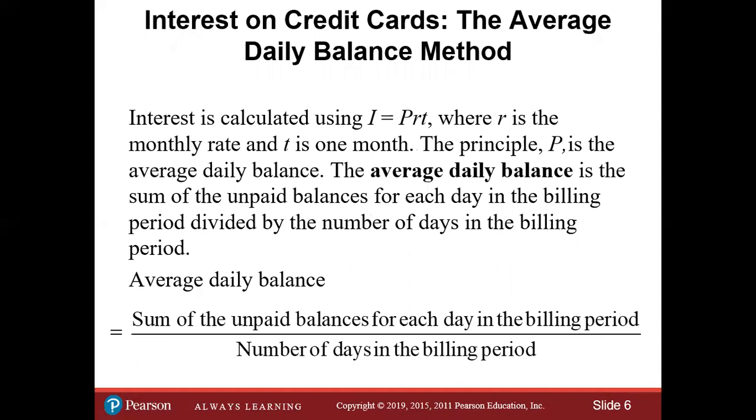So you will have to check the fine print of your credit card to determine whether this is what they use or one of the other methods. So the interest is calculated using the simple interest formula, I equals PRT, and the average daily balance is exactly what it seems.